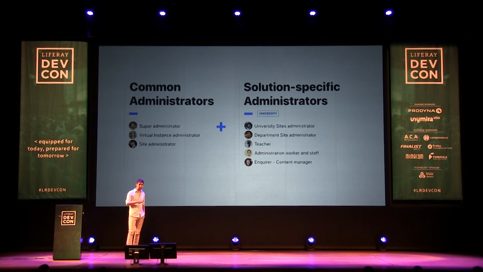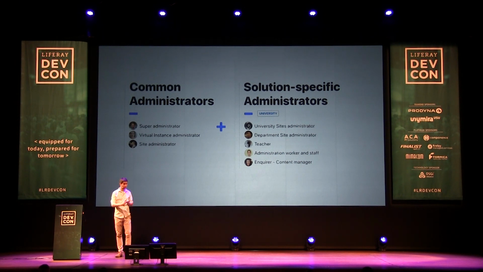If we go to the university case, we can see the same, right? Imagine a university scenario where there is a university sites administrator, not only for the university as a whole, but for each of the schools. And inside each school, there are different departments. So there is a site administrator for the departments. But inside each department, there are teachers who also need to create sites for their subjects.